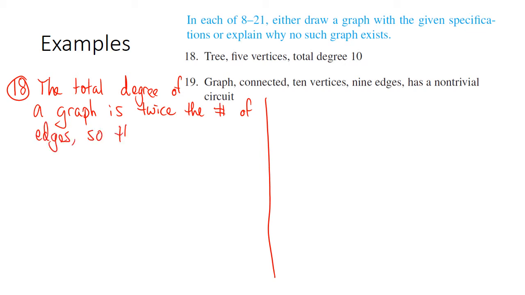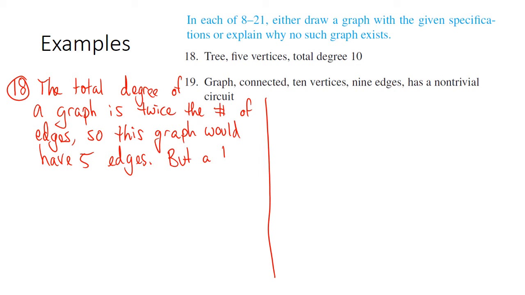So this graph would have 5 edges, but a tree with 5 vertices has 4 edges, something we just learned, so this is impossible.